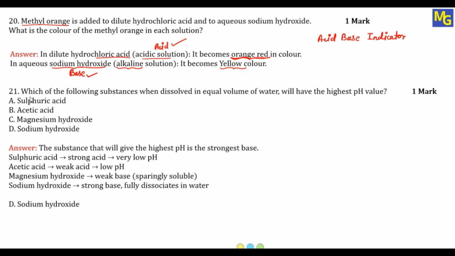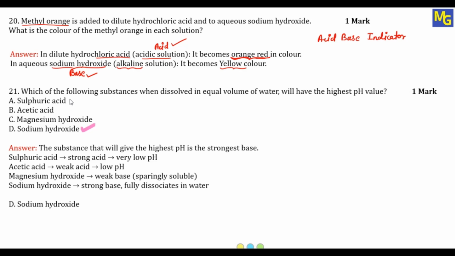Question number 21 is: which of the following substances, when dissolved in equal volume of water, will have the highest pH value? Here they have given some chemicals: sulfuric acid, acetic acid, magnesium hydroxide and sodium hydroxide.